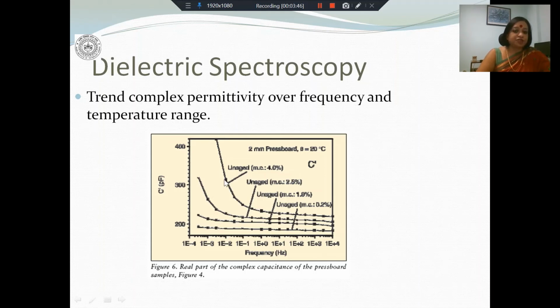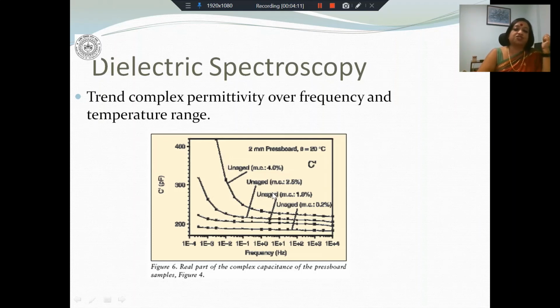So whatever filler or additive has been added causes the permittivity, or the dielectric constant, to increase throughout. But more importantly, what we can see is that the low frequency permittivity has increased largely.